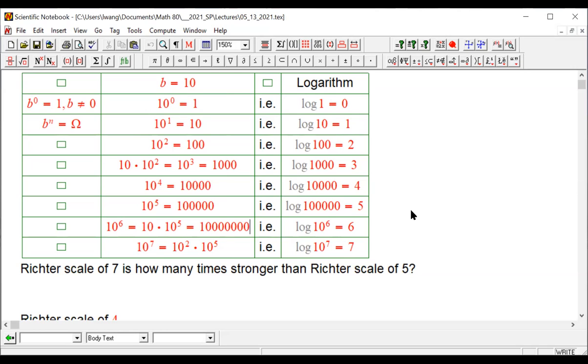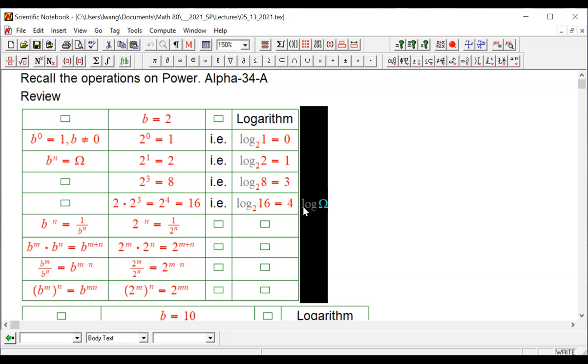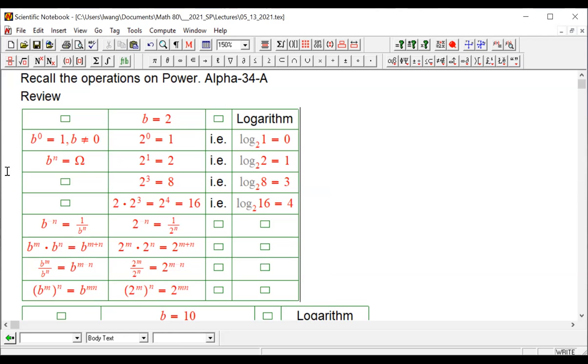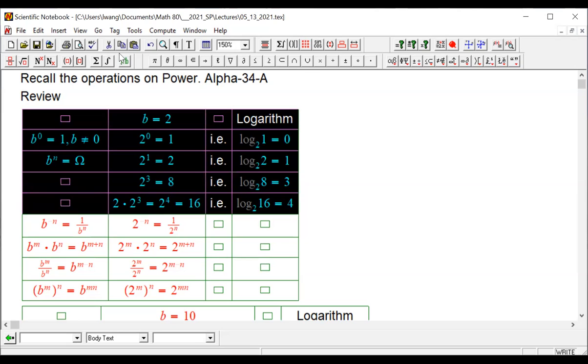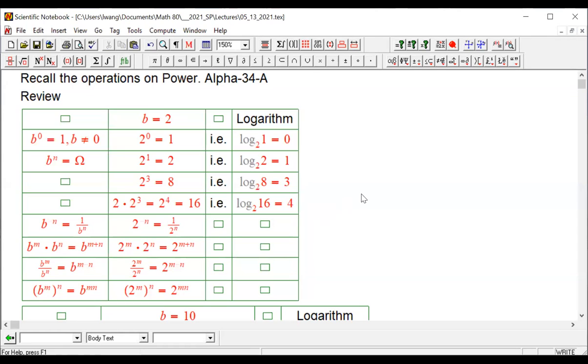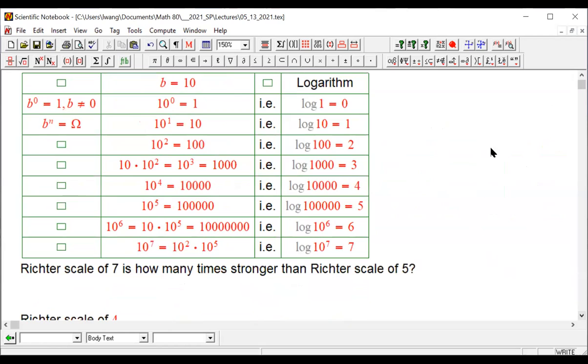Are you guys ready for some more exercise? I'm going to have you fill out another table with base 2, because base 2 is relatively easy. So let's continue.